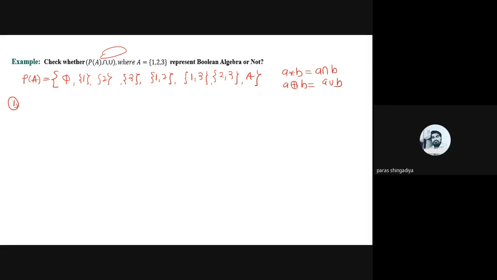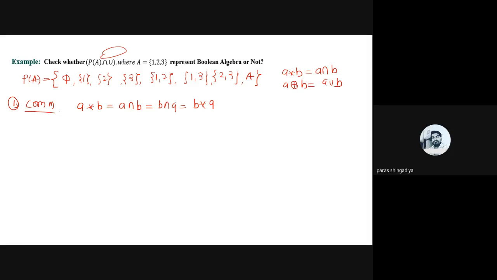So for a lattice we'll check the commutative property. Okay, in the commutative property we have A star B, which is equal to A intersection B, and A intersection B is the same as B intersection A. Clear? It is the same as B intersection A, and therefore we can say it is B star A. And you can verify it also. Consider A, B belonging to P of A. {2} and {3}, let us take.